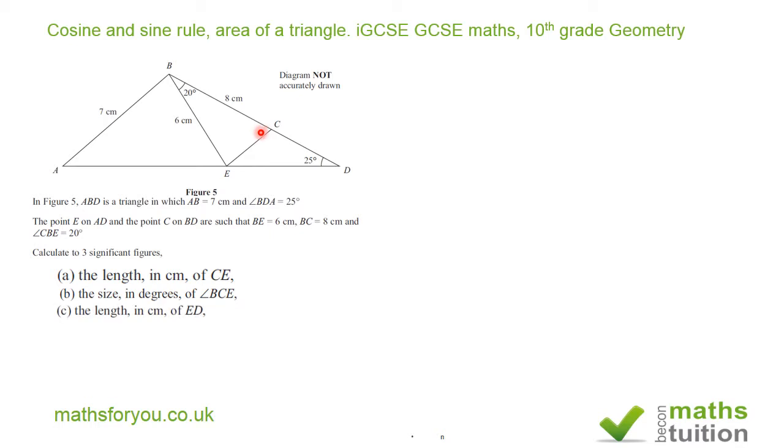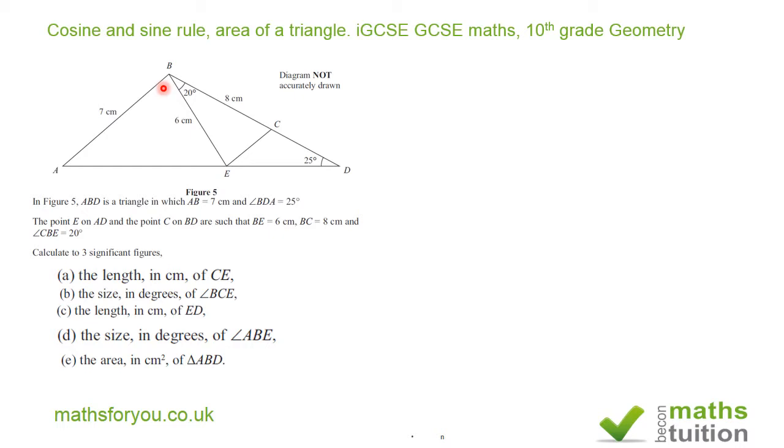Next, we want to find the length of ED, and ED is there. And next, we want to find the size in degrees of angle ABE. Angle ABE is there.